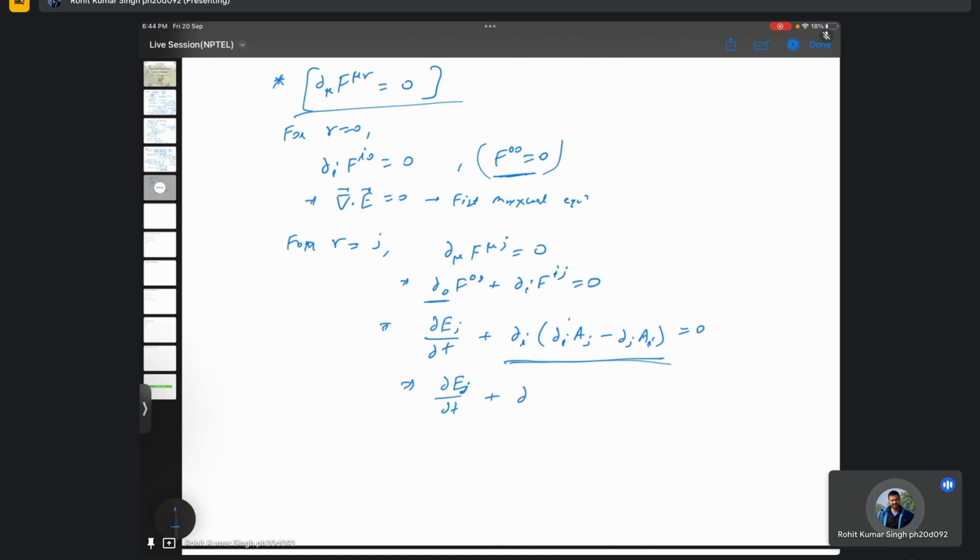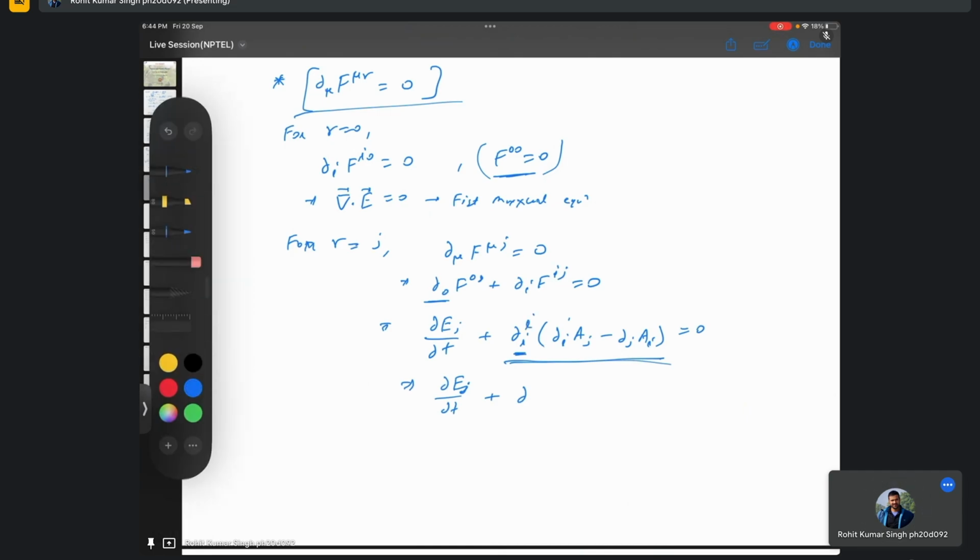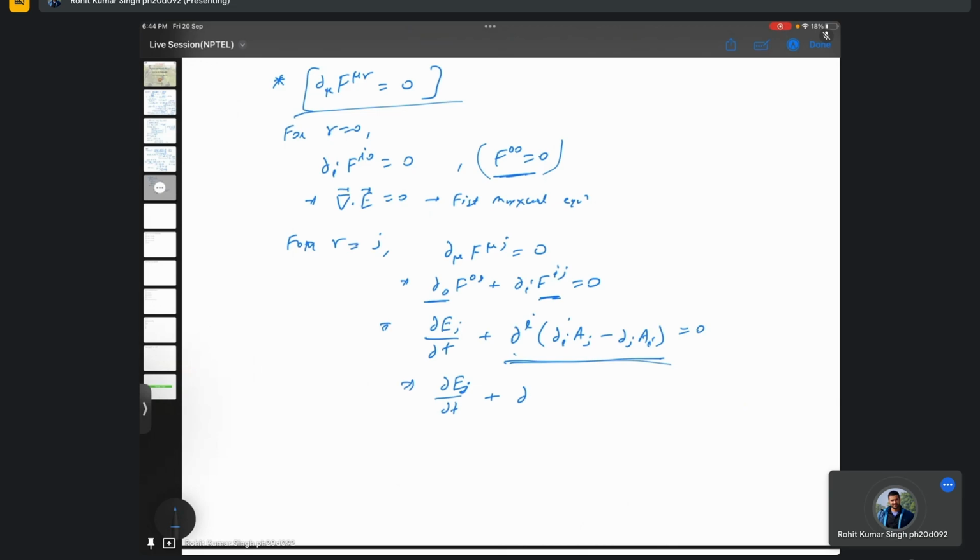So this you can write, so I'm taking this index on the upper side here, because I have lowered the ij indices here, just to make it consistent.